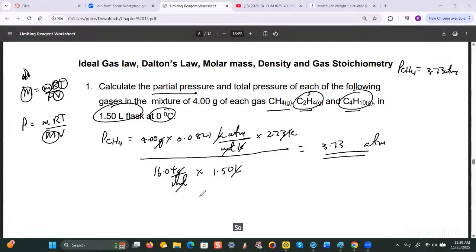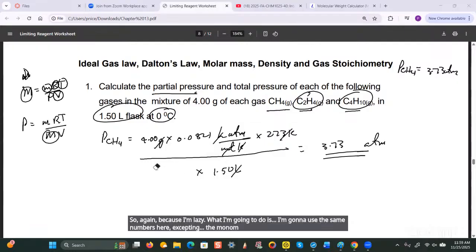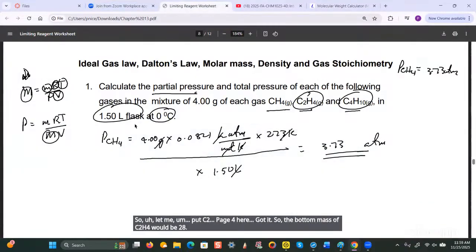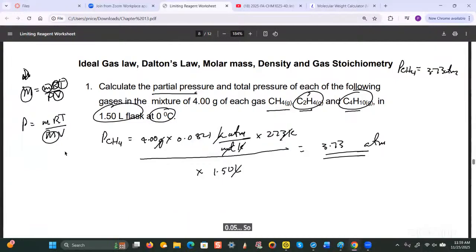So again, because I'm lazy, I'm going to use the same numbers here, except that the molar mass of C2H4 will be different. So let me put C2H4 here, calculate. The molar mass of C2H4 would be 28.05. So I'm going to put that here. So this is 28.05 grams per mole.